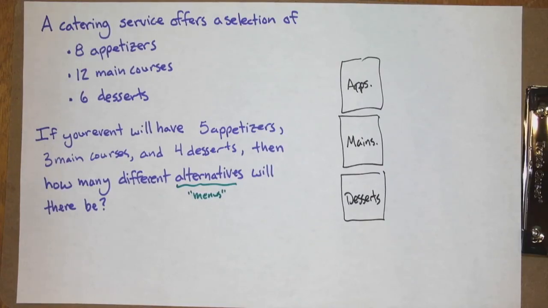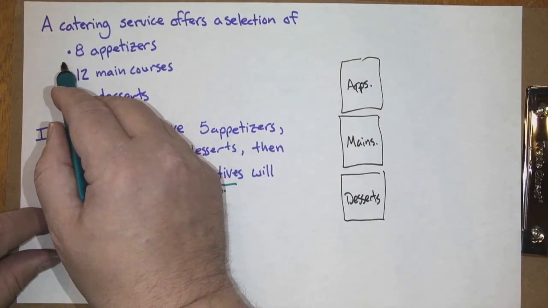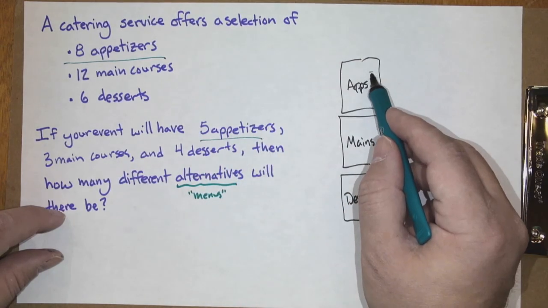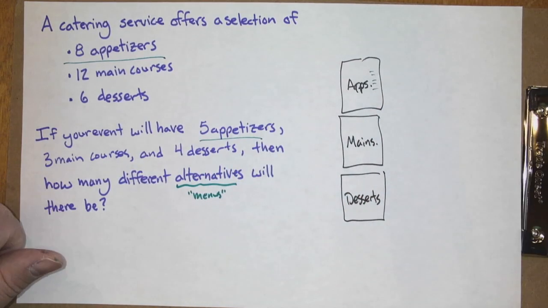Now, let's think about each part of our menu. How many different ways can we pick out the appetizers? Permutations, combinations, what do we have? Well, there's a total of 8 appetizers, and we're going to pick 5 of them out. So I'm only picking out 5 things that are going to go into our apps. So how many ways are there to do that?